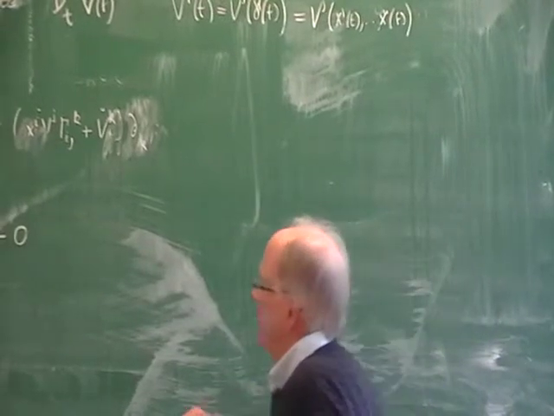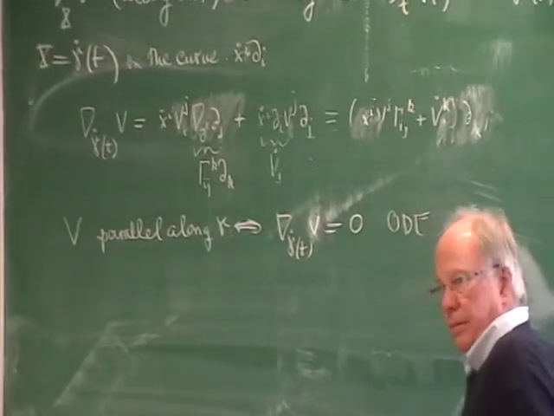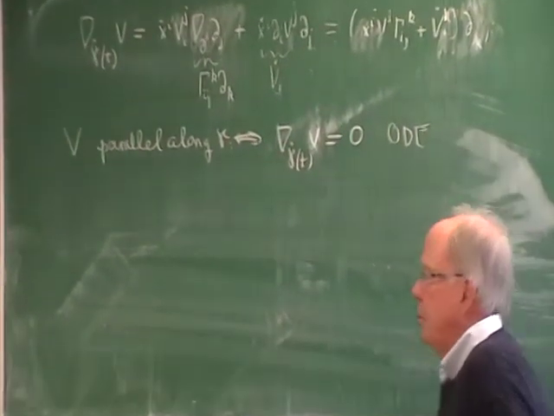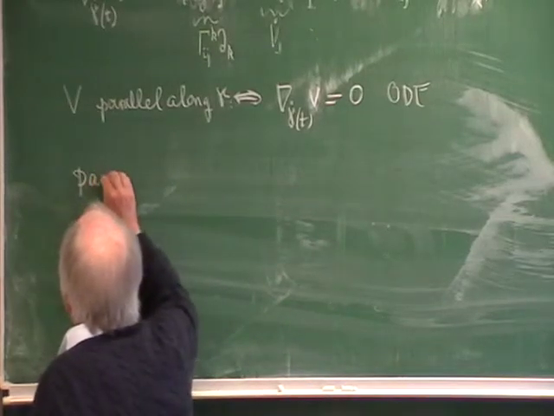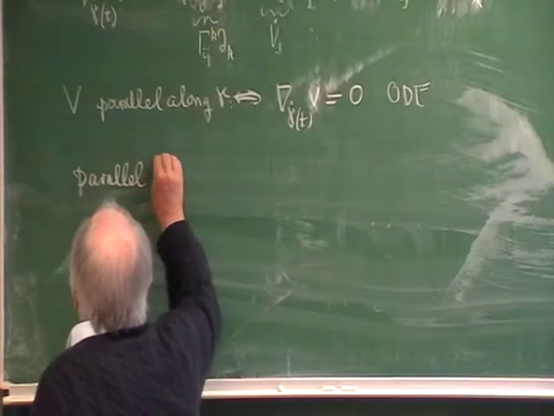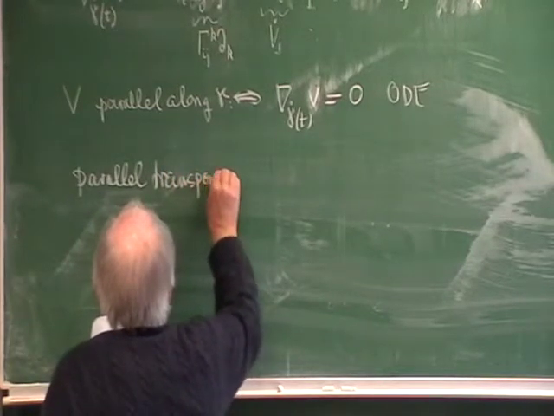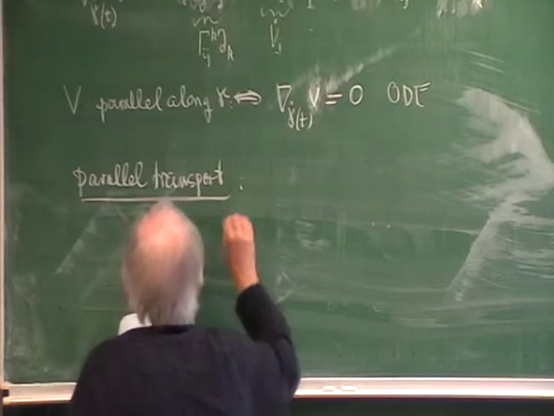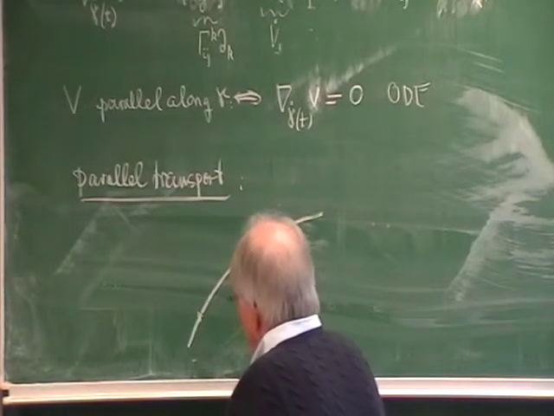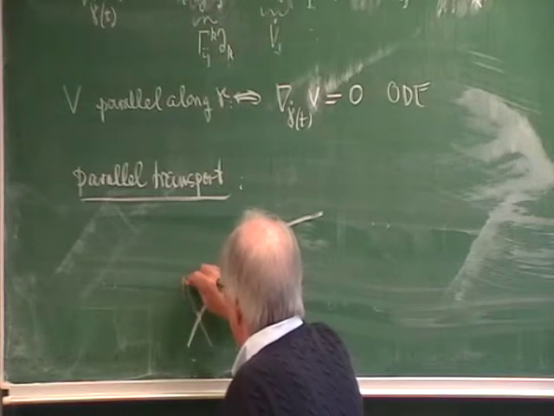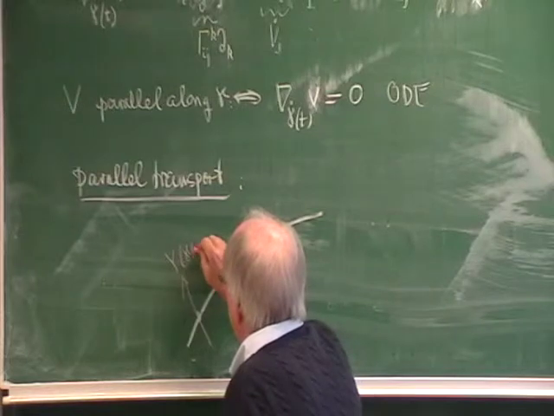So, as you see, this is an ordinary differential equation. And so we talk about parallel transport. You prescribe at the beginning point, or some point, doesn't matter, the beginning point, y at gamma of A, that's prescribed.